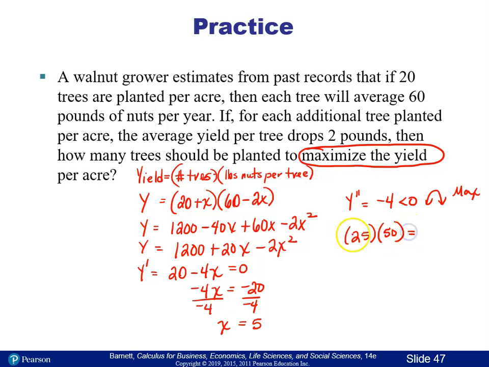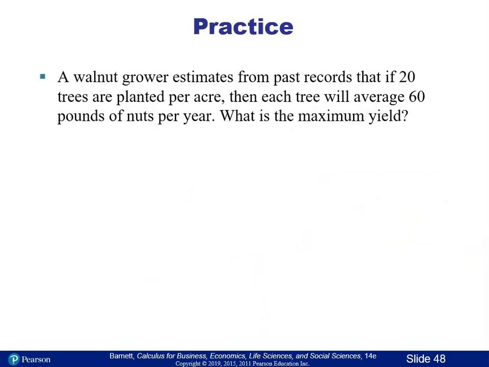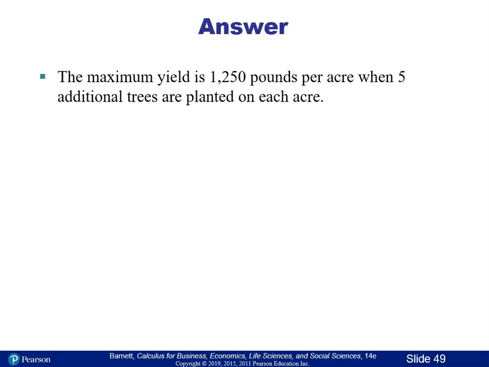So our maximum yield, if we multiply 25 times 50, is 1,250, not dollars in this case, but 1,250 pounds of nuts per acre. So our maximum yield is 1,250 pounds per acre when 5 additional trees are planted on each acre.